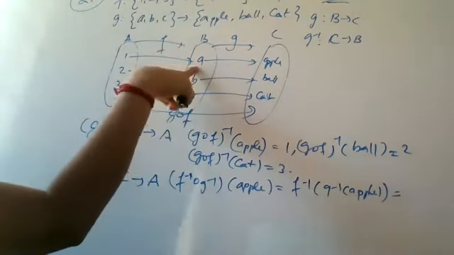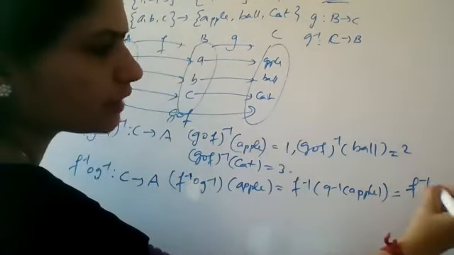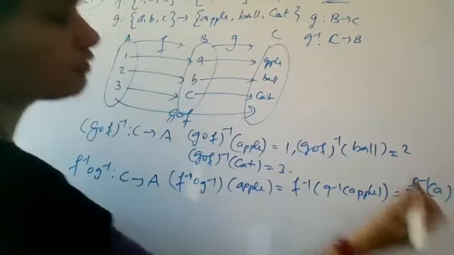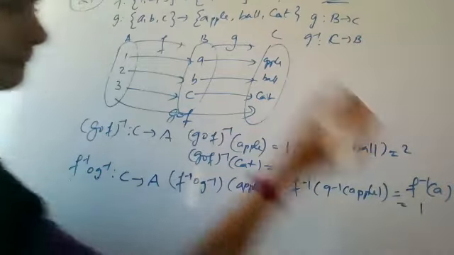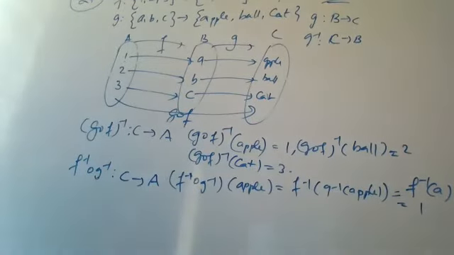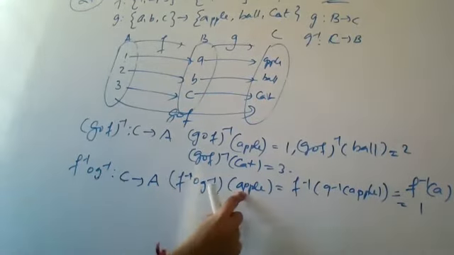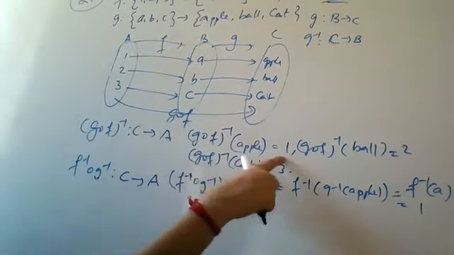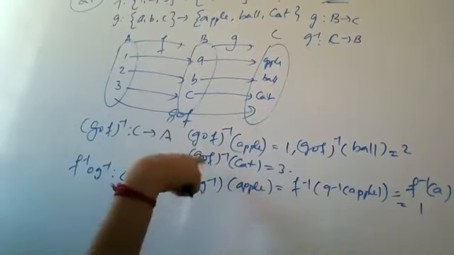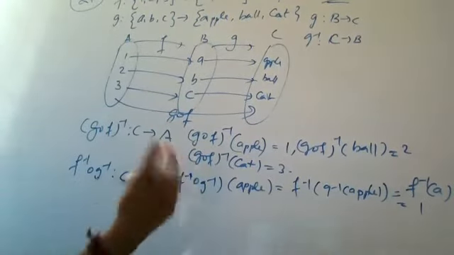G inverse of apple will be A. So you will have F inverse of A. Now what is F inverse of A? F inverse of A will be इसका उल्टा 1. Okay, so you have got F inverse composition G inverse of apple is 1. Similarly, you have got G composition F the whole inverse of apple is also 1. That means ये दोनों equal है. ये दिखाने के लिए हम तीनों कर रहे हैं.